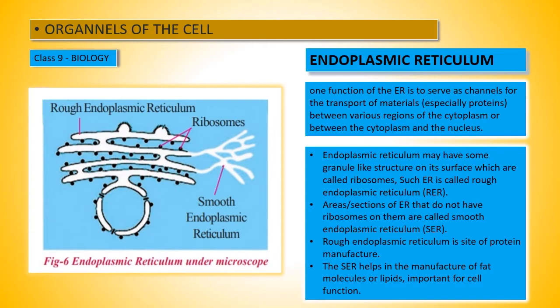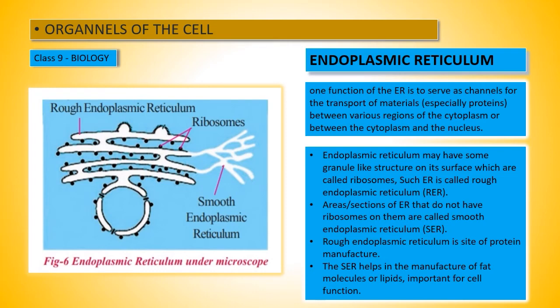The endoplasmic reticulum may have some granule-like structures on its surface, which are called ribosomes, and such endoplasmic reticulum is called rough endoplasmic reticulum. Similarly, sections of endoplasmic reticulum that do not have ribosomes on them are called smooth endoplasmic reticulum.